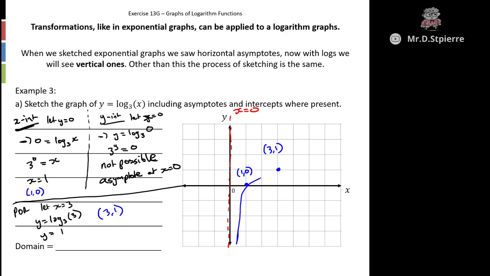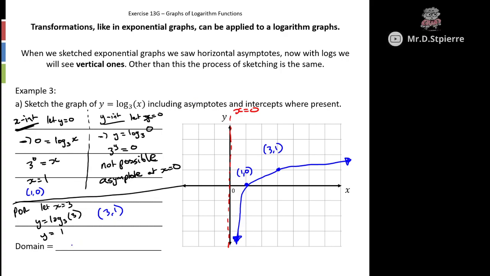Connect the dots. And our graph looks like that. Okay, excuse my not very well curved drawn line, but you get the gist of it. Okay, so a couple things to note, and I actually will cover the domain really quickly.